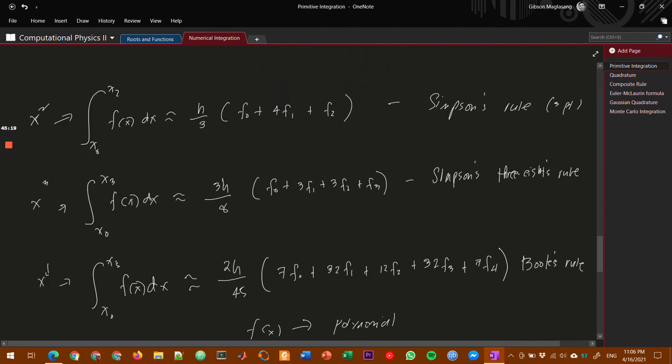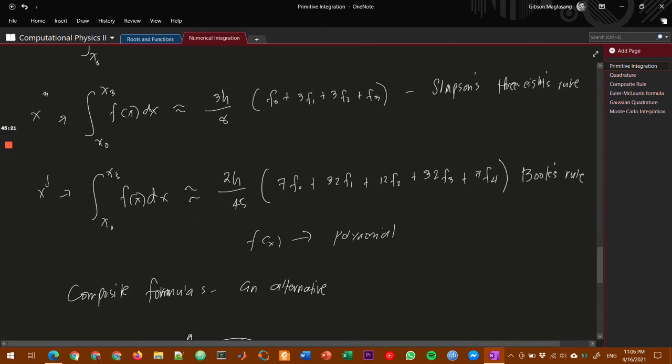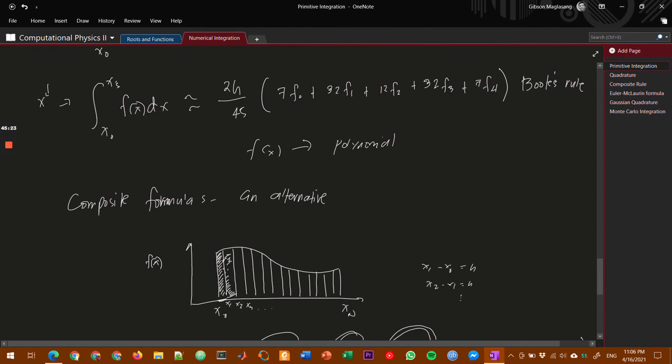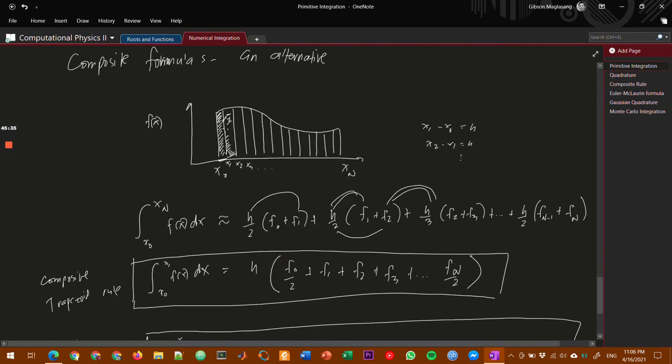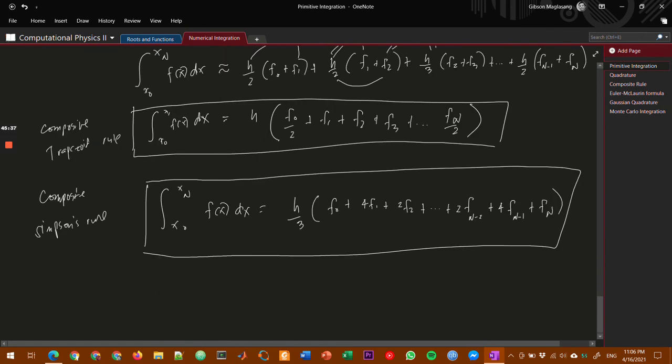Ang cubic na to is katong Simpson's 3/8 rule, and quartic is the Boole's rule. So pwede na to na siya instead na from x na to x4, you can take it to, i-divide mo siya ba? From x na to xn siya. Okay?